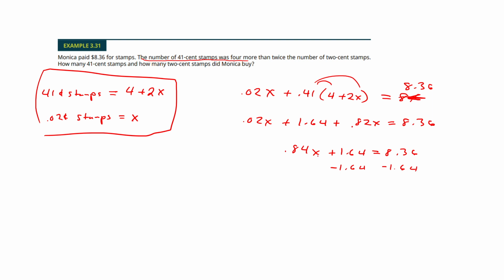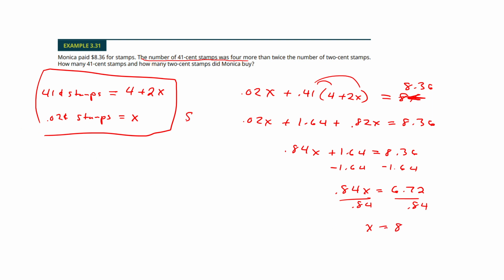Okay, getting the x alone, so I'm subtracting this away. Now I'm dividing both sides by that 0.84. Make it x is 8.